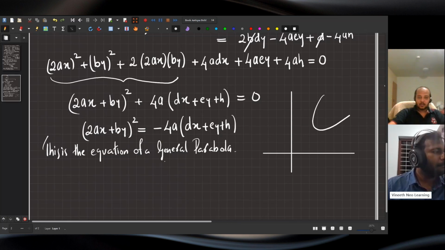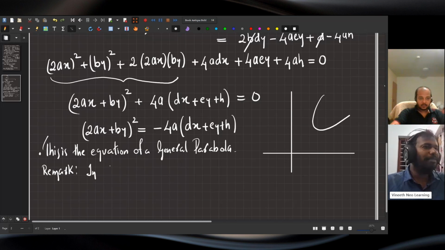I'll give you an important idea to recognize a general parabola. Let's write it as a remark. I have written that remark in my notes.